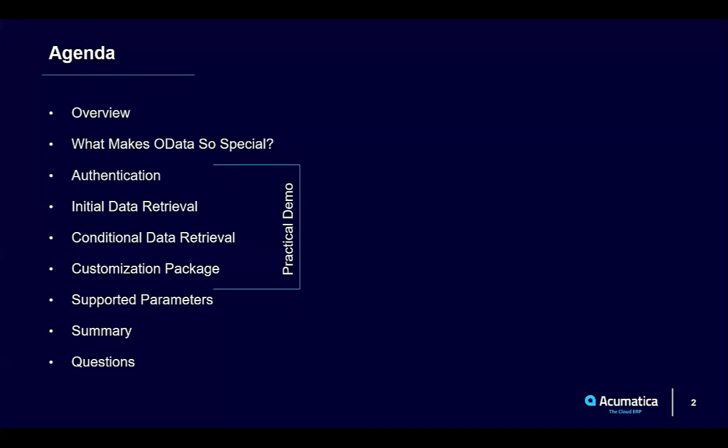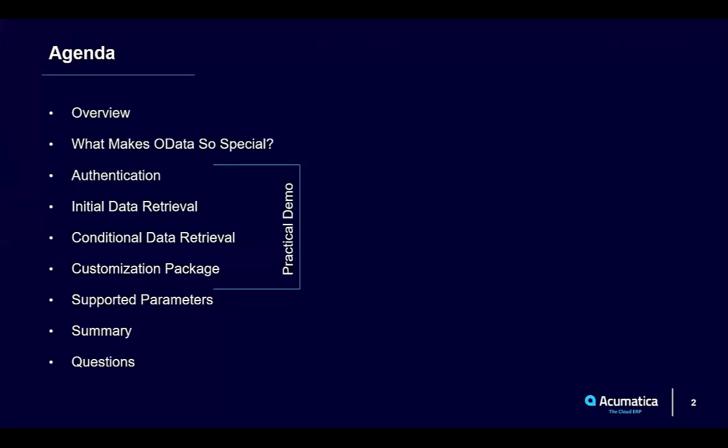So first of all, we'll see where OData will be placed in the whole Acumatica integration possibilities. Then we'll drill a little bit down to check what are the features of the OData interface and why it's so special.